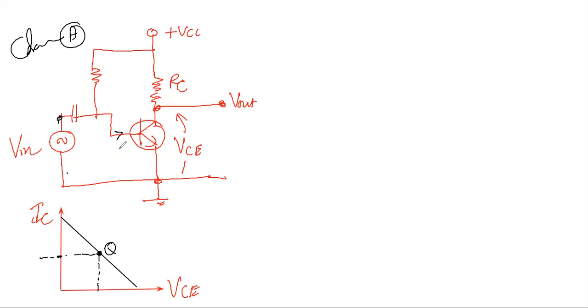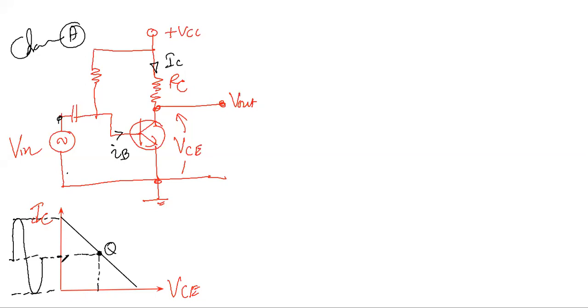When you increase your IB current, IC also fluctuates. You are utilizing this whole span. When you change your input signal, your IC will fluctuate within this range.